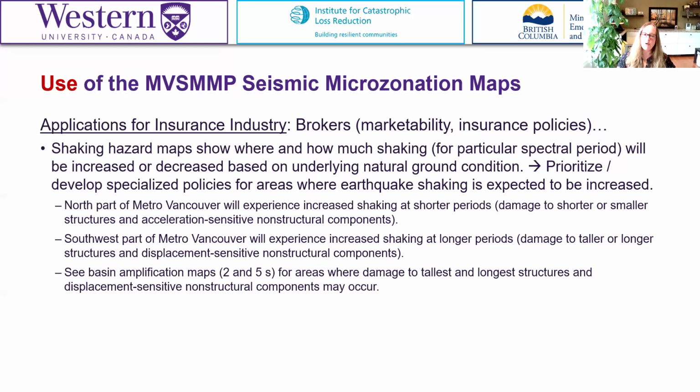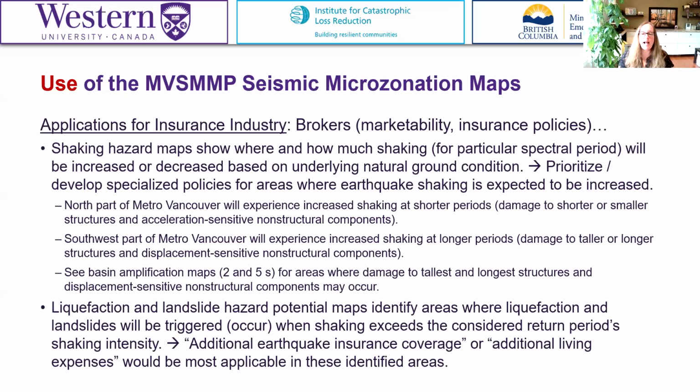So for example, you could go as far as, for the north part of Metro Vancouver, developing a policy if the ground is going to shake at shorter periods, and if the structures or assets exposed to that hazard have the same kind of response period range, well, that might be a problem and need a tailored insurance policy. I have absolutely no idea if in your discipline you go this granular, but you've never had these maps before to do that. So maybe you can.